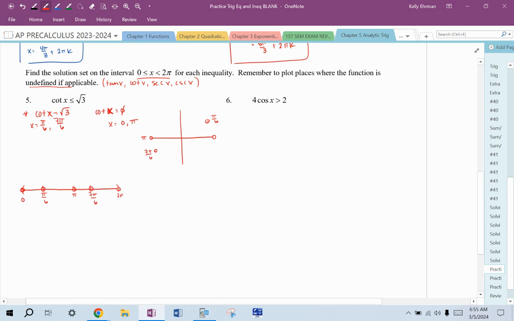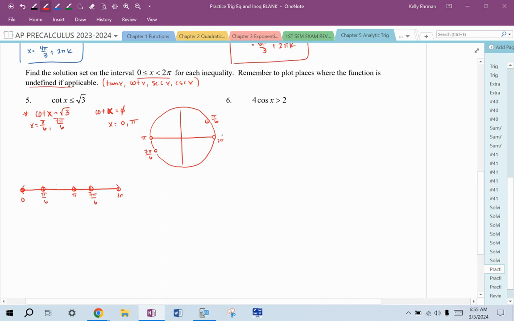So we need something between 0 and pi over 6, something between pi over 6 and pi, something between pi and 7 pi over 6, and something between 7 pi over 6 and 2 pi. Now, we can't plug in 0 or 2 pi like we normally do because cotangent's undefined at that value, so we'll have to get a little bit creative here.